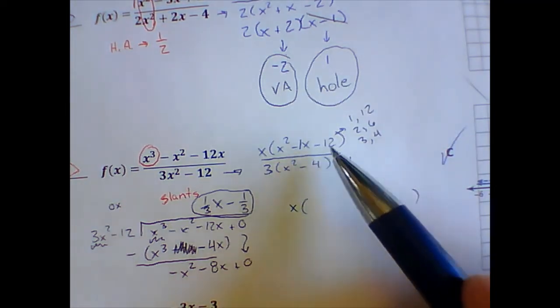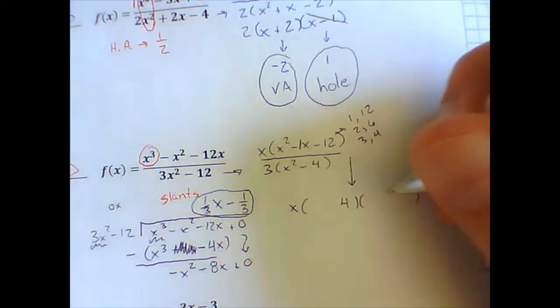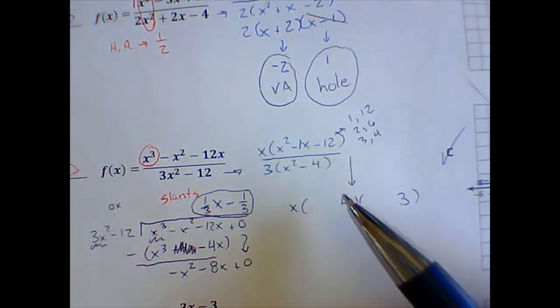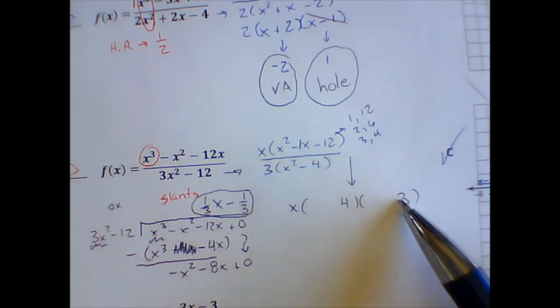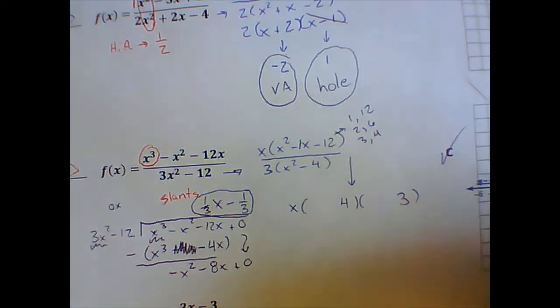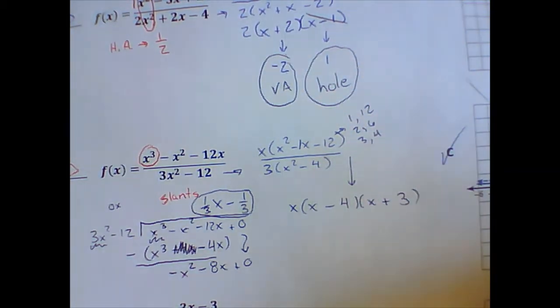So they're subtracting to a 1. Well, 3 and 4 multiply to 12, and they subtract to 1. So we will fill those in. Okay, and looks like we're subtracting to a negative 1, so we probably want 3 minus 4. So 4 gets the negative, that means 3 gets the positive, and then they multiply to a negative 12.